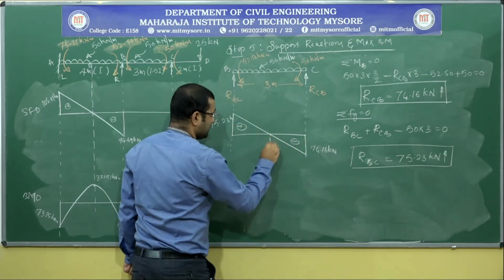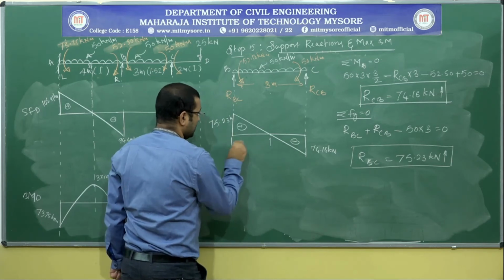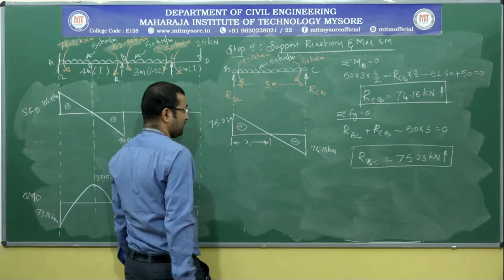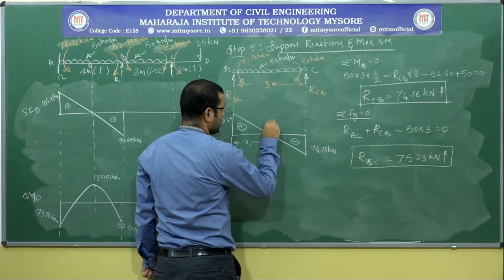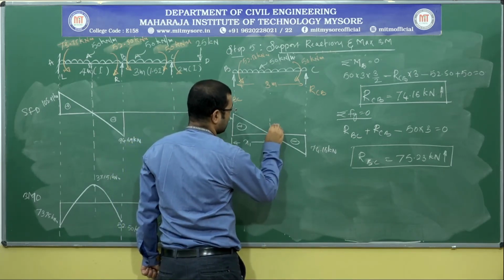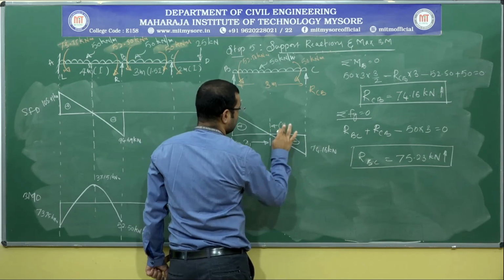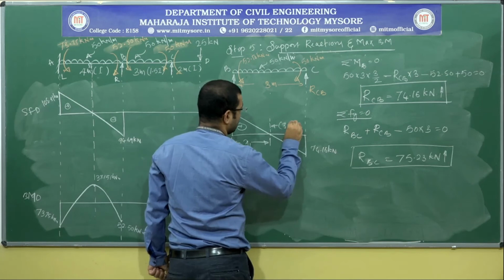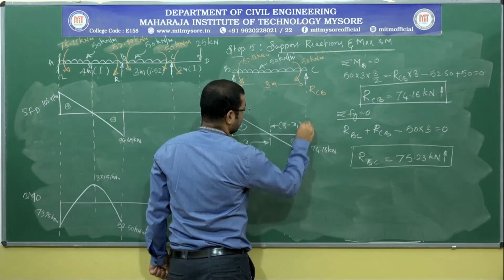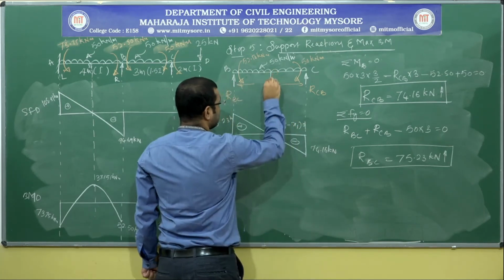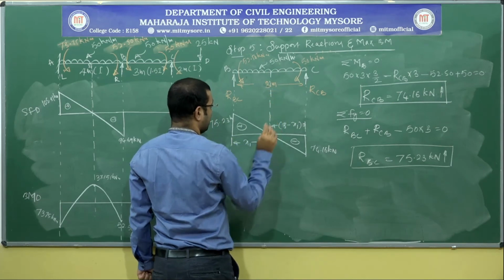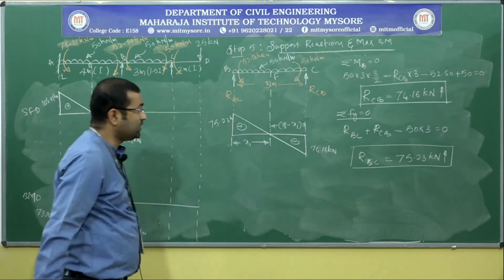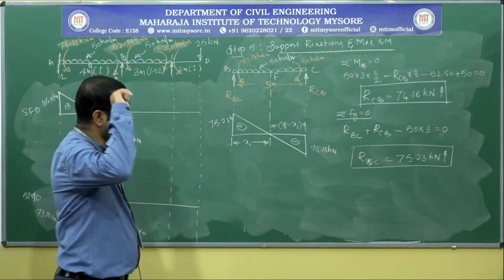So somewhere here we can say it is the point where we have the zero shear force. So at this location we can expect the maximum bending moment. Let me call this x1. So this distance is 3 minus x1. So let us say somewhere here we have the position. I need to determine the position of x1 now.